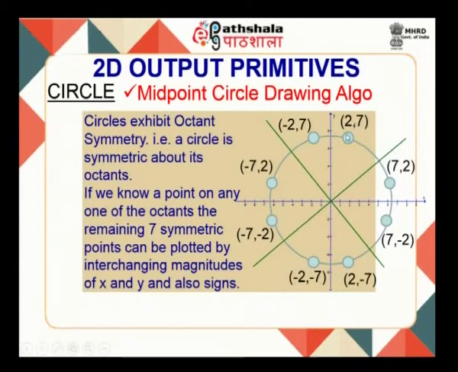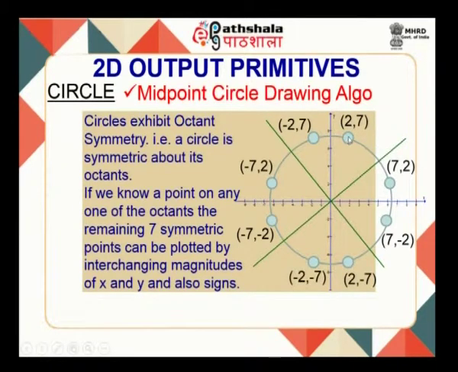For example, suppose you have computed a point on one of the octants, using any algorithm or procedure, as (2, 7). This is the octant of our interest. Now, what is the symmetry property? If you know one point, you do not have to actually compute points in the next octant.